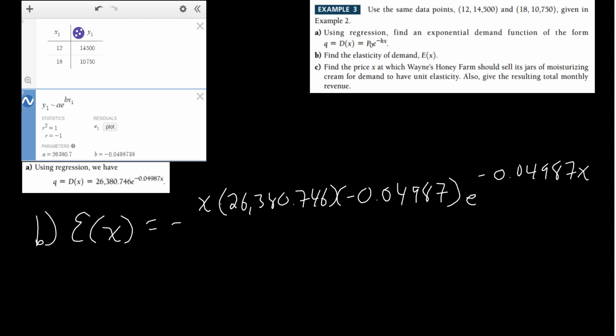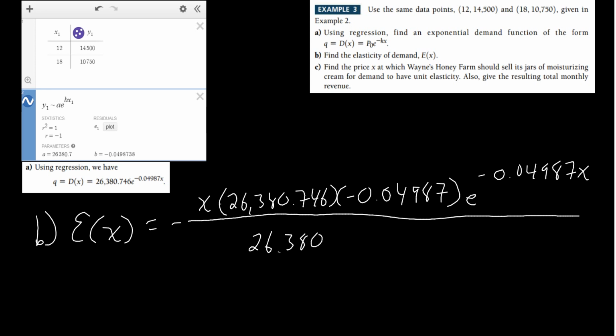So that is my painful numerator, all over my denominator, which is simply the function, 26,380.746 times e to the negative 0.04.